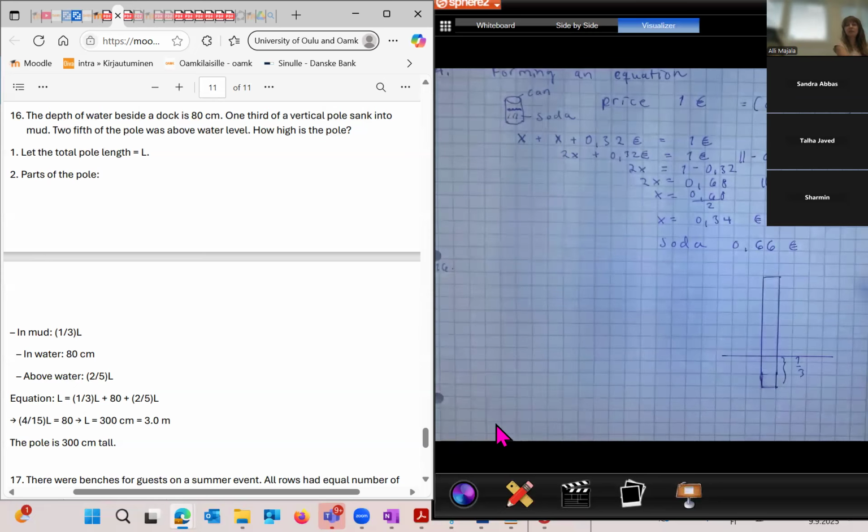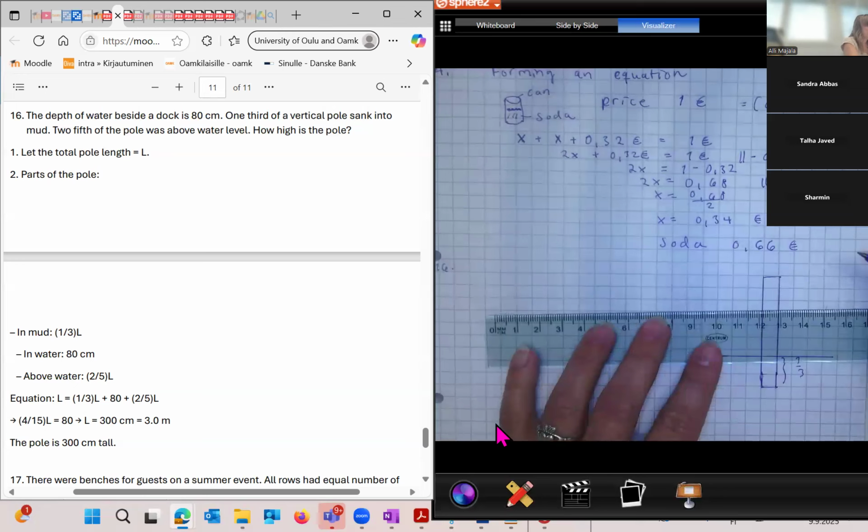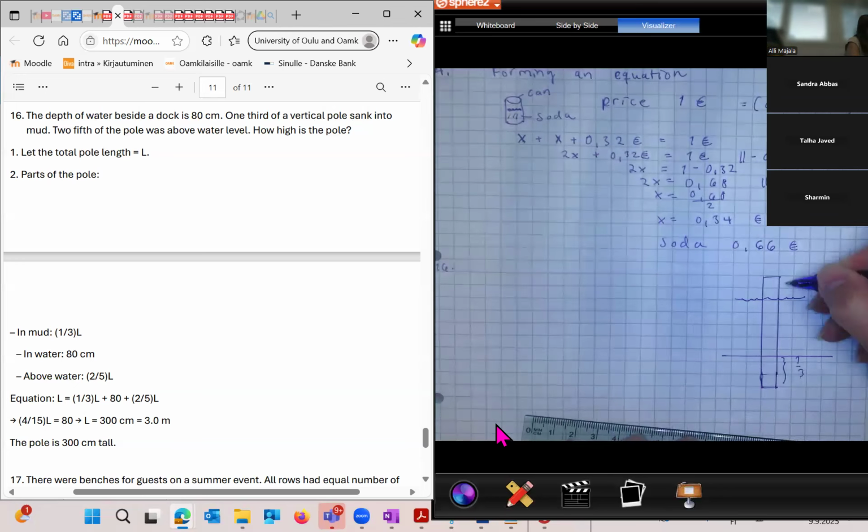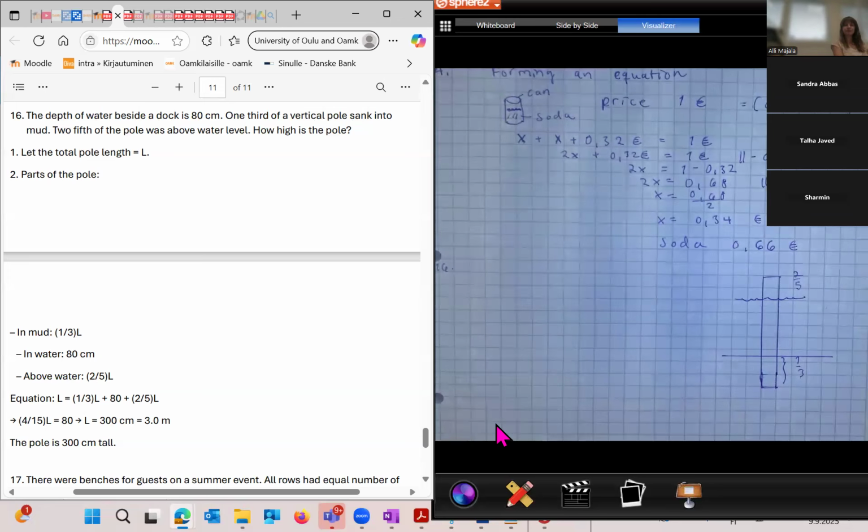Then 2/5. How much is 2/5? 2/5 of the water level. And this was 80 centimeters, the water level.